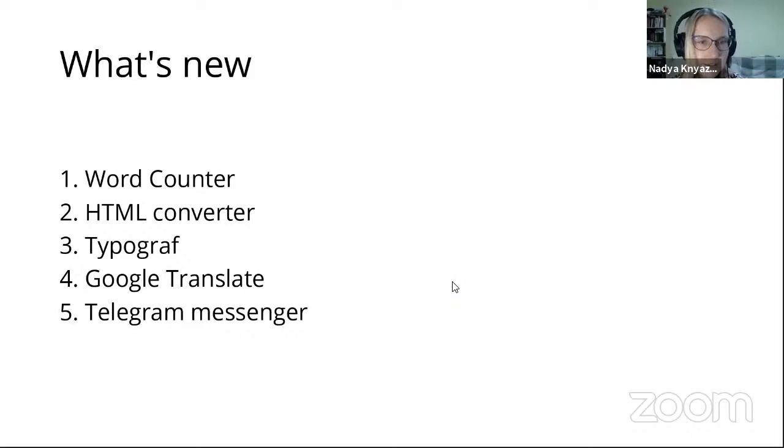The third one is typograph to correct your document's typography. The fourth one is Google Translate, and you know what it does exactly. And the last one is the integration with Telegram Messenger to exchange instant messages with your team within the document editor interface.